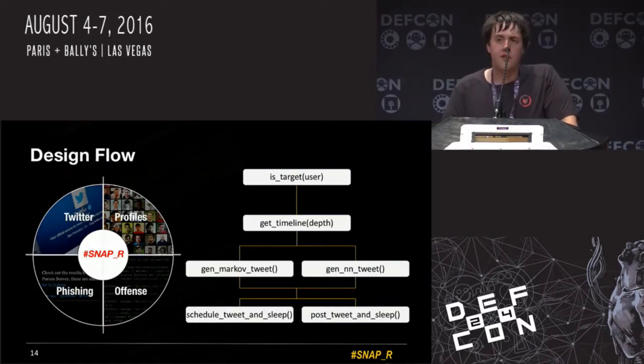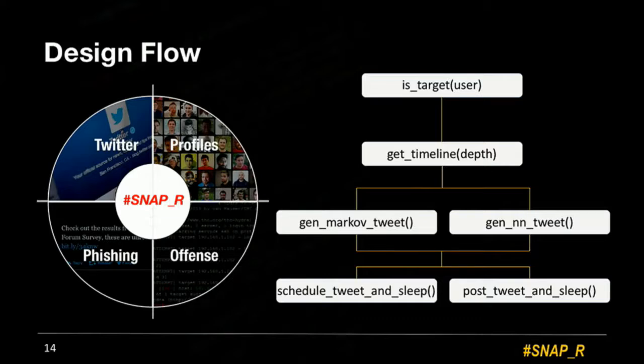So, a very high level design flow of the tool. First, we have a list of Twitter users that we pass into the tool. It goes through each user and asks whether they're a high value, high engagement user or not. And if they are, it scrapes their timeline to a specified depth, for example 200 or 400 tweets that they've sent, and uses that to seed either a Markov model or a neural network model.